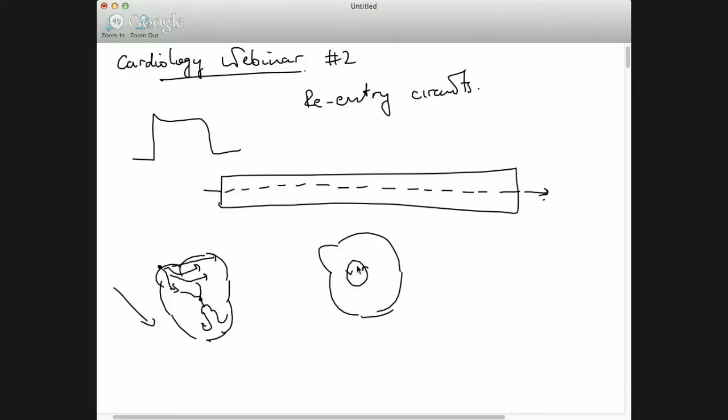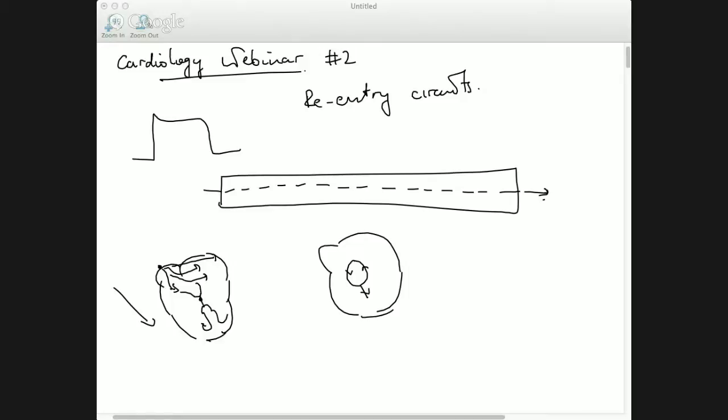Now, if you have an action potential going around and around the heart in circles, it's going to keep causing adjacent myocardial tissue to fire repeatedly, independent of the sinoatrial node. So the re-entry circuit causes a tachyarrhythmia.